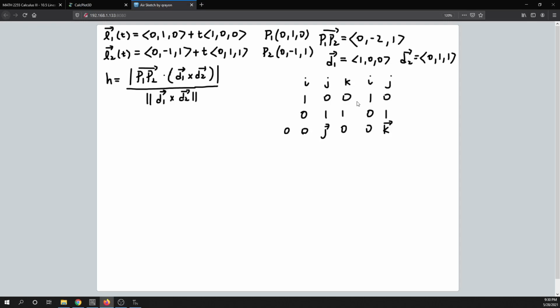It's the stuff on the right minus the stuff on the left, so it's going to be k minus j. There's no I, so that's 0. With j, it is -1, and with k, it is +1. So there is d1 cross d2 here.